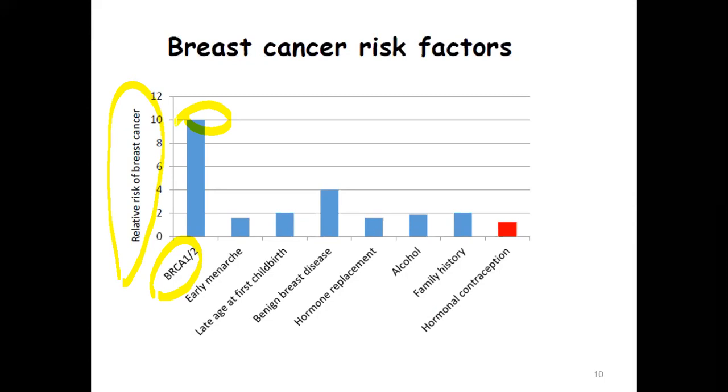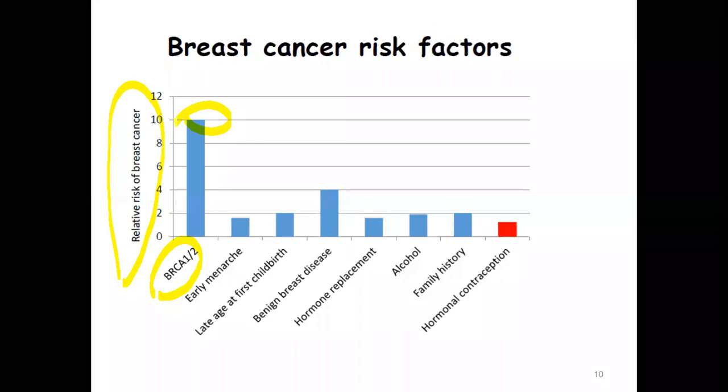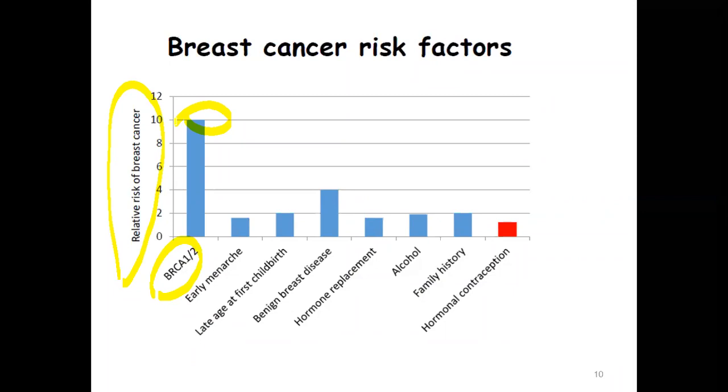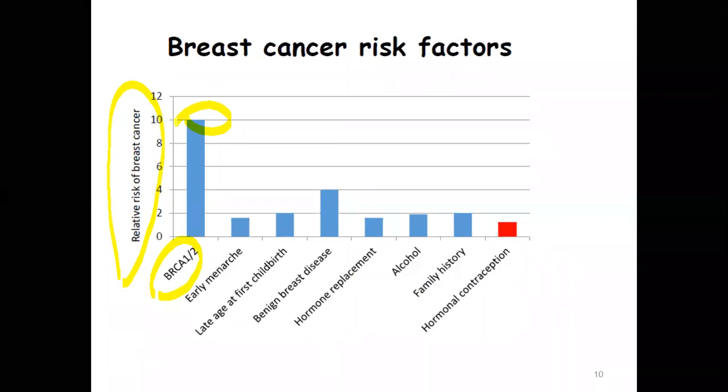So if someone has a BRCA1 or BRCA2 mutation, the relative risk is about 10 times. Early menarche, you can see it is less than 2 times. Late age at first childbirth, the risk is about twice.